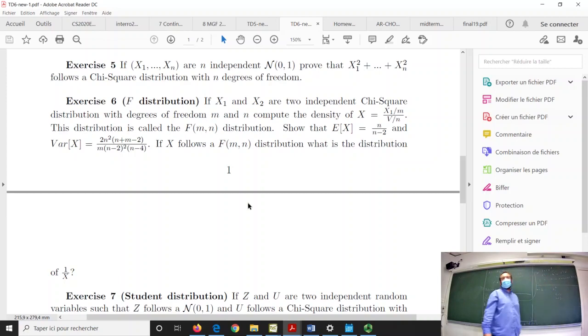We have seen together that the square of a Gaussian is in fact a chi-square of parameter 1, or gamma 1 half, 1 half.